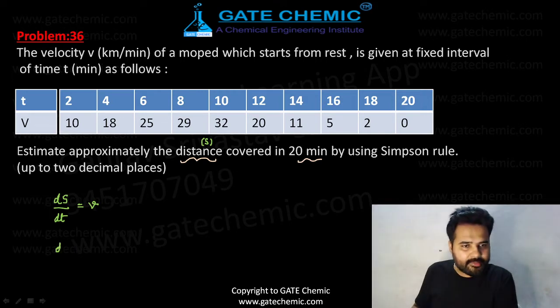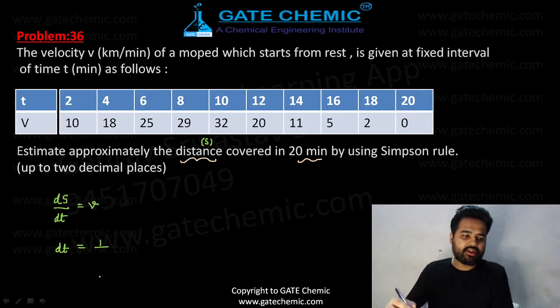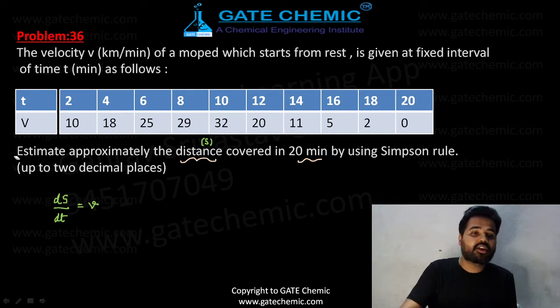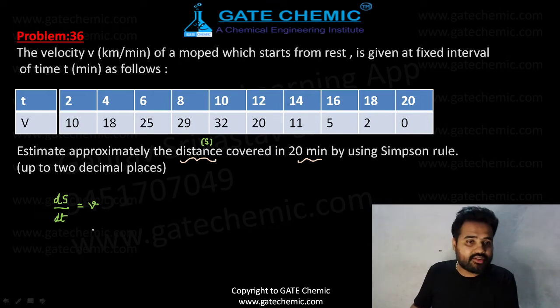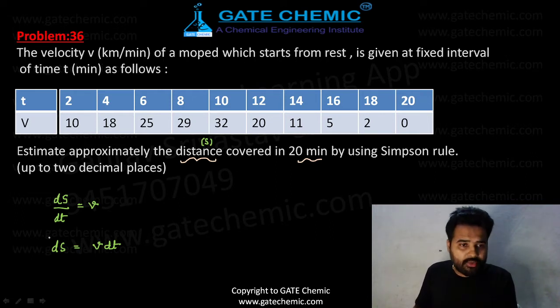Here you want to calculate s, so you can easily make it an integral, and you will get your f(x). This can be written as ds equals v into dt. Now you want to know how much distance is traveled in 20 minutes.